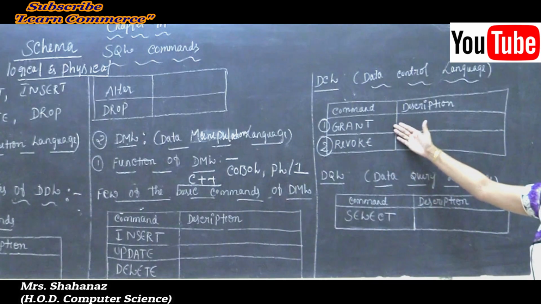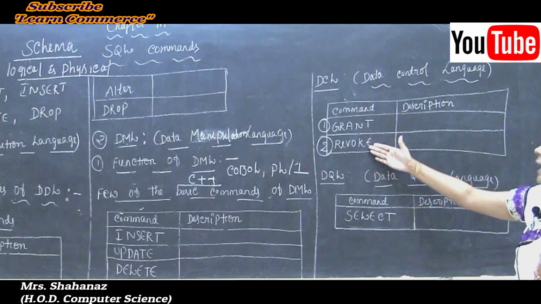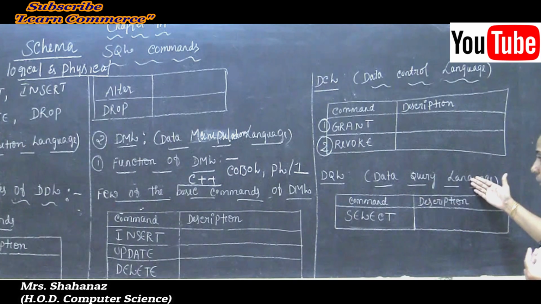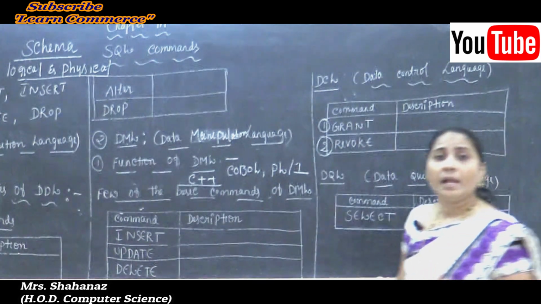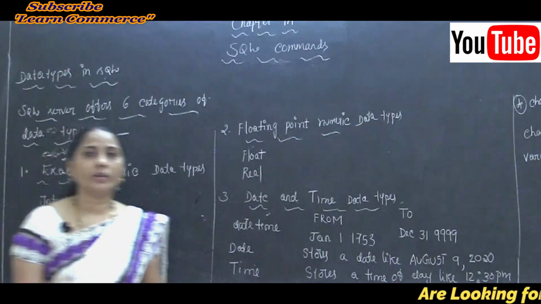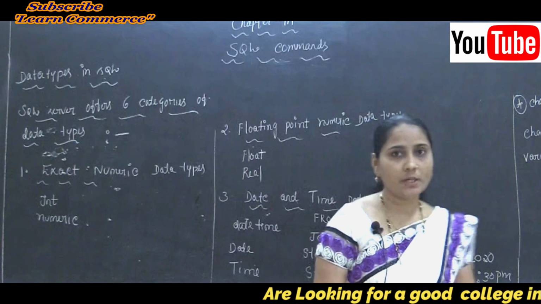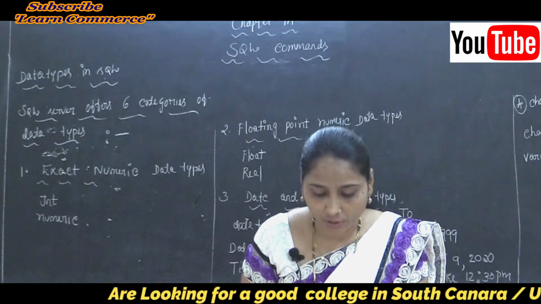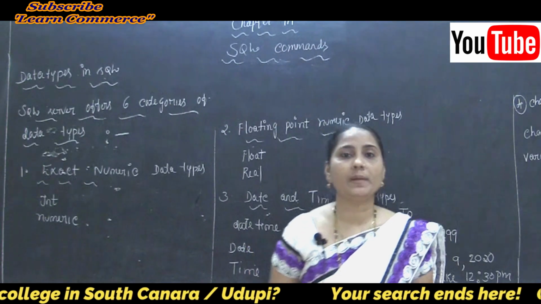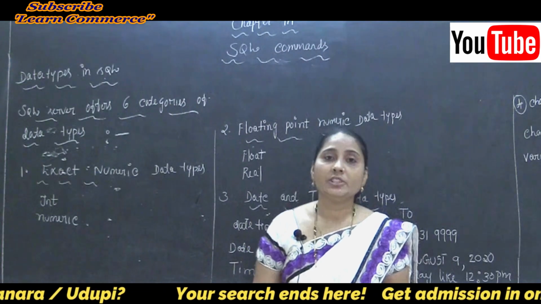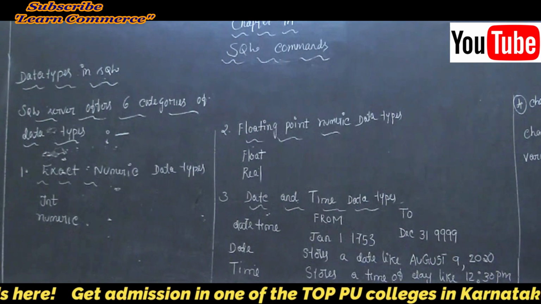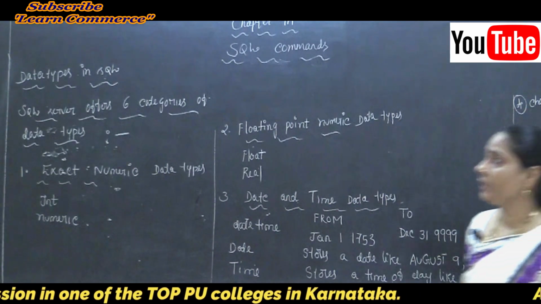Then DCL, whose commands are grant and revoke, and finally the Data Query Language, whose command is the select command. We already completed that concept, the basic commands of DDL and DML. And next, the next important concept in SQL: data types in SQL.